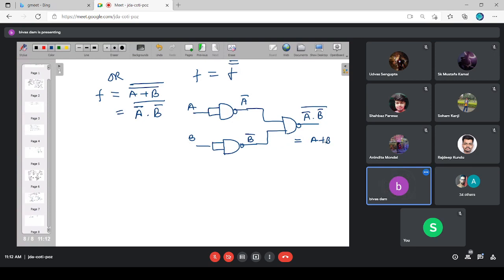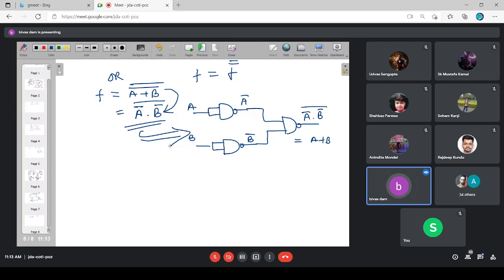Okay. So see here, from the given expression, I have arrived at this. And this corresponding circuit is this one. So once you know how you are arriving at the desired circuit, then you need not memorize the circuit.